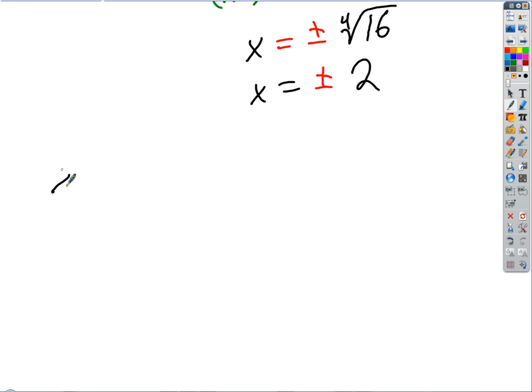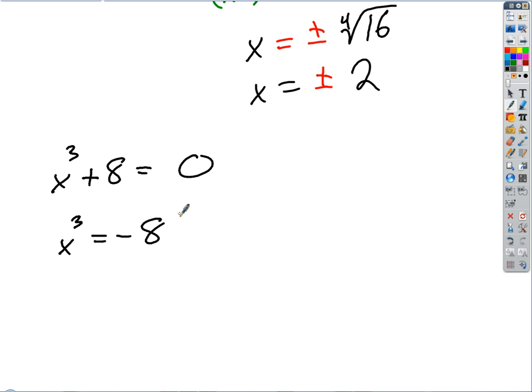What if I have x cubed plus 8 equals 0? Okay, in chapter 6, I got to break that up into a difference of cubes. That's a pain. But now in chapter 7, there's a single x, so I can isolate it. What do I do? Subtract 8.